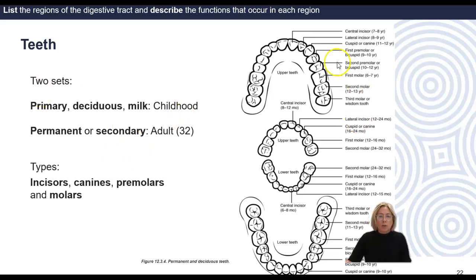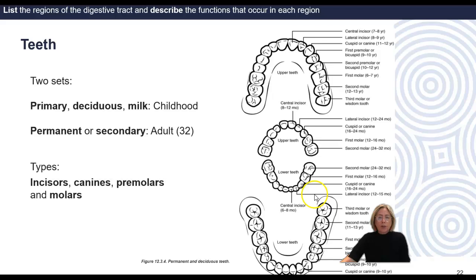So within a quadrant, there is one central incisor, one lateral incisor, then we have one canine, then we have the first and the second premolars, and then the first, second, and third molar, which is also called the wisdom tooth, because they usually appear late in teens when people have supposedly acquired some wisdom.